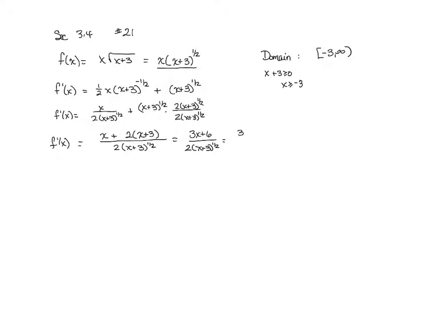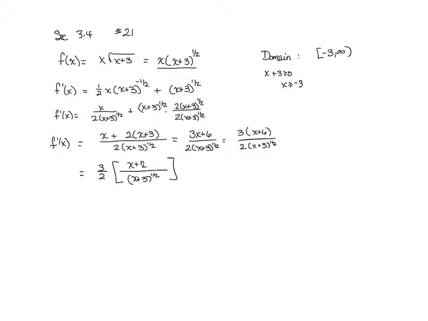I know that I can factor out a 3 in the numerator. If I do that, I can think of this derivative now as 3/2 times a function that has x's in it: x plus 2 over x plus 3 to the 1/2 power.